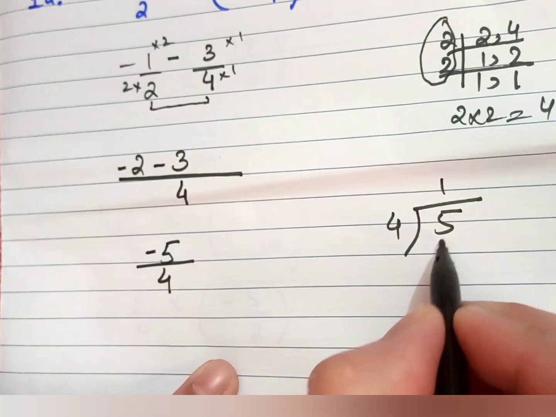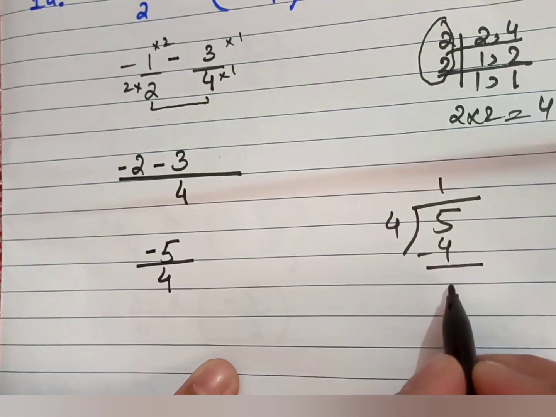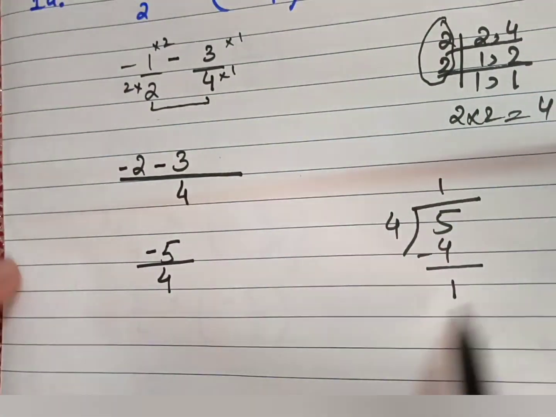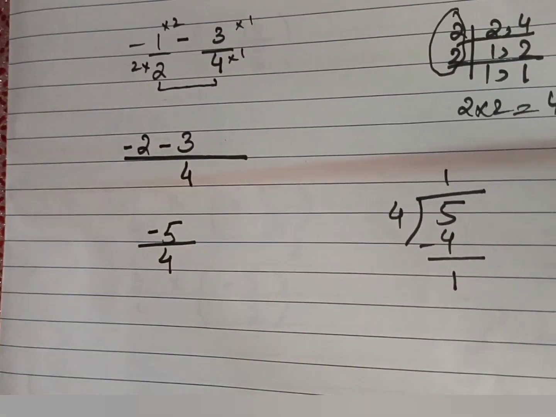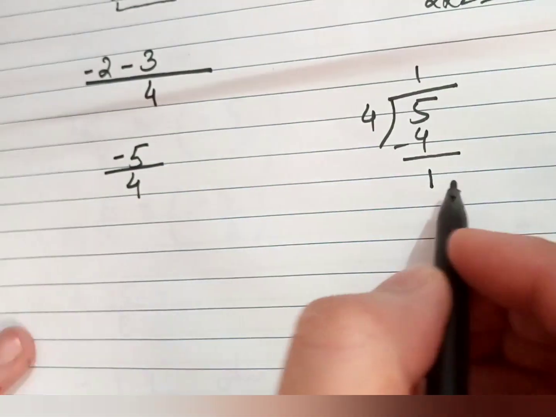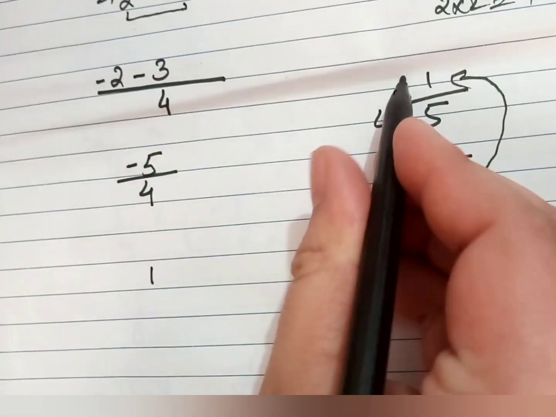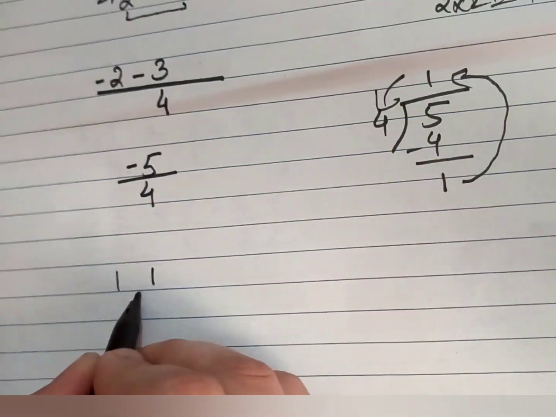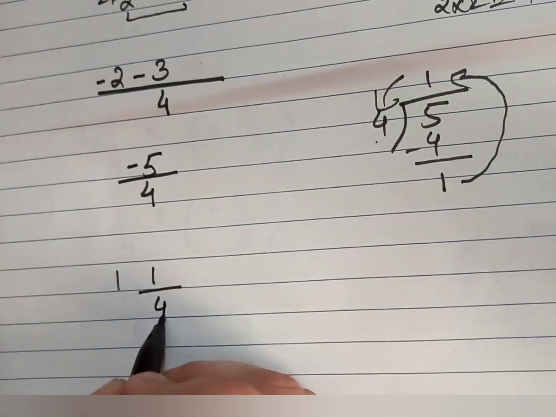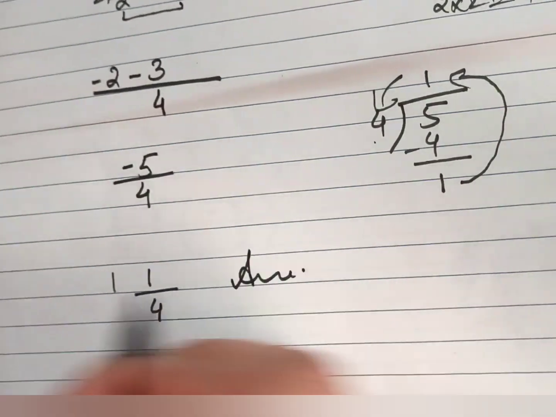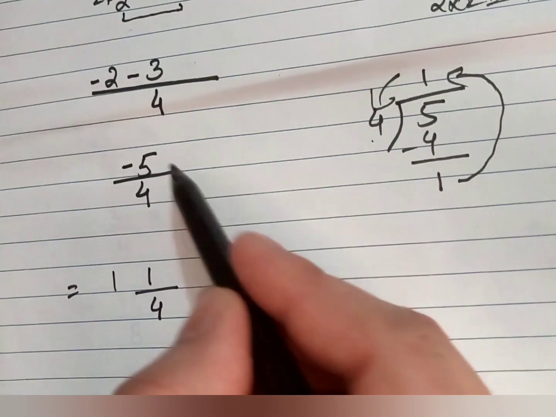So 4 1s are 4. 5 minus 4 is equal to 1. Write down the quotient as the whole number and the remainder 1 as the numerator, and our divisor is 4, we write as the denominator. So that improper fraction is converted into a mixed fraction.